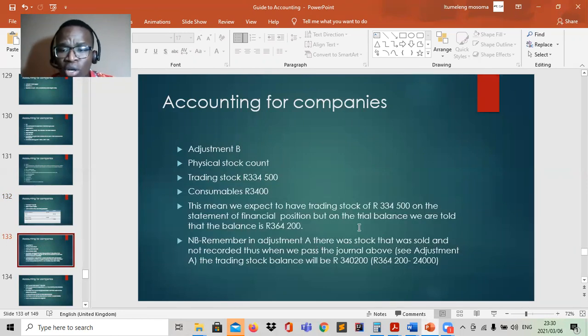So the stock we see on the trial balance needed to be adjusted. It was 364,200. Then we sold stock that was not recorded, and if you record it using that journal, the new trading stock on your financial statement is going to be 340,200, right? But when we do a physical stock count, it's 334,500. Why is there a difference, right?